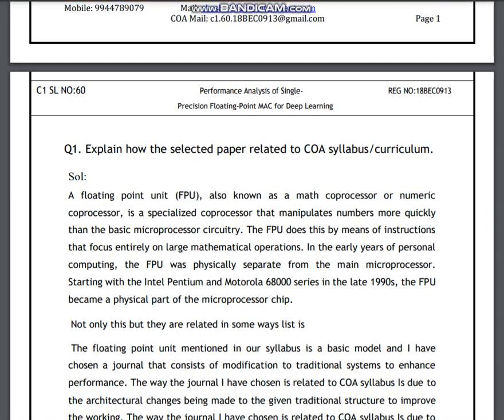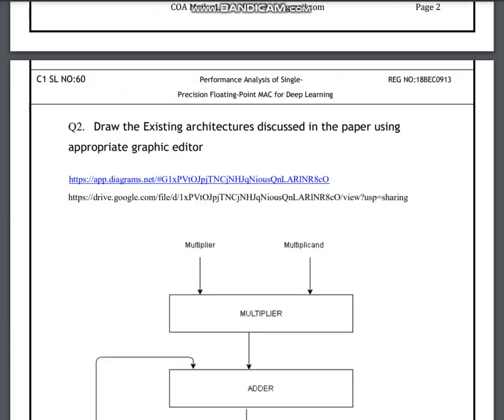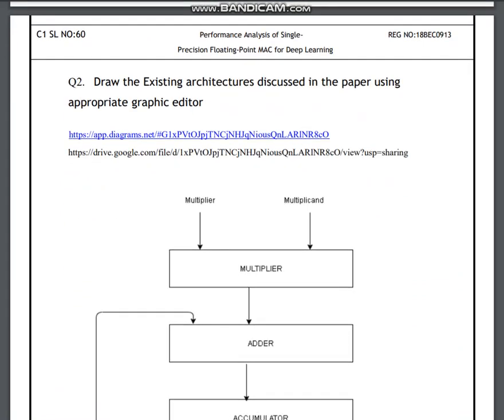Now let us look into some diagrams of existing architectures for the problem statement that I just stated, deep learning.